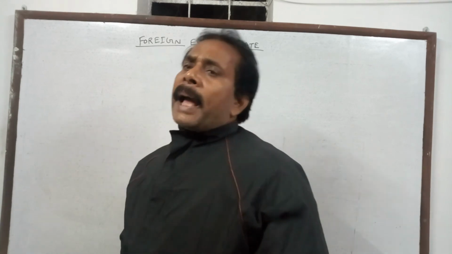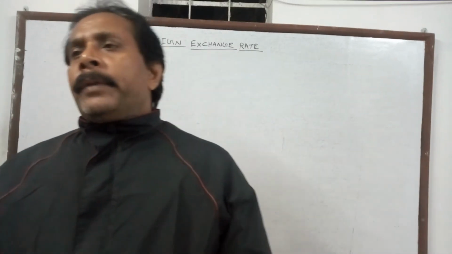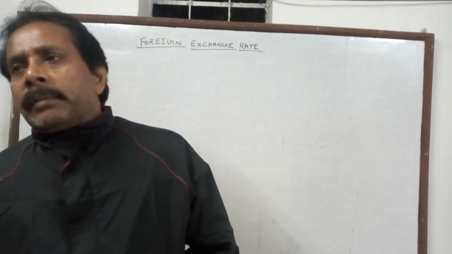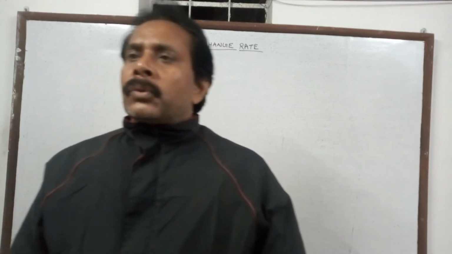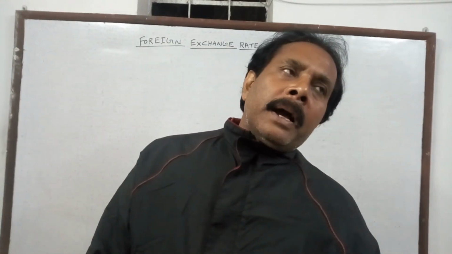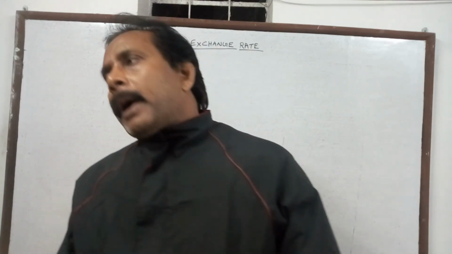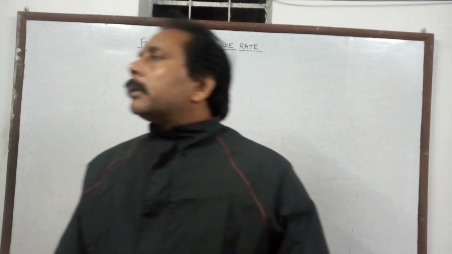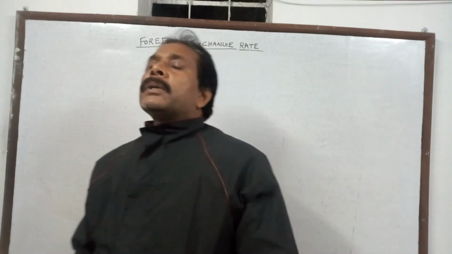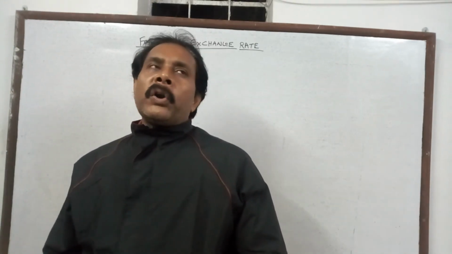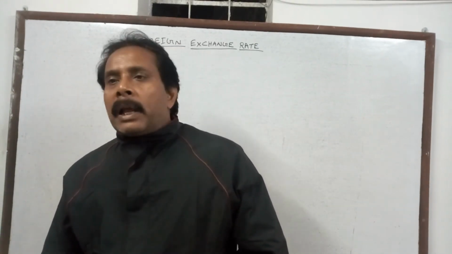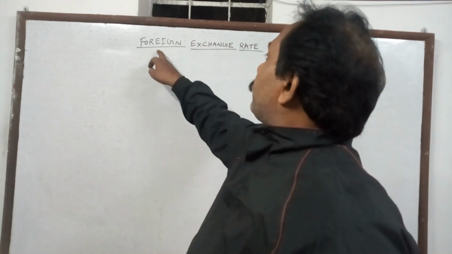Okay? So, here I can take some example. US dollar of America, pound of England, yen of Japan, and lira of Italy. So lira, pound, yen and dollar will be considered as foreign exchange. Is it clear?